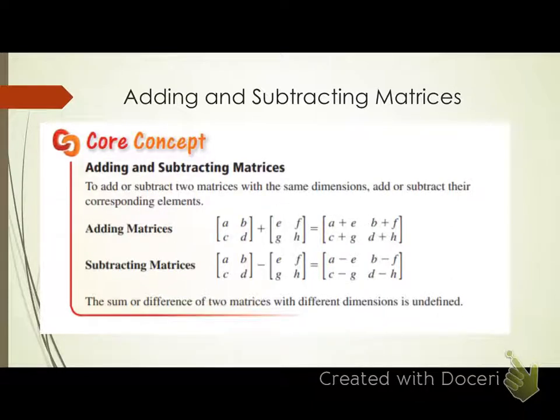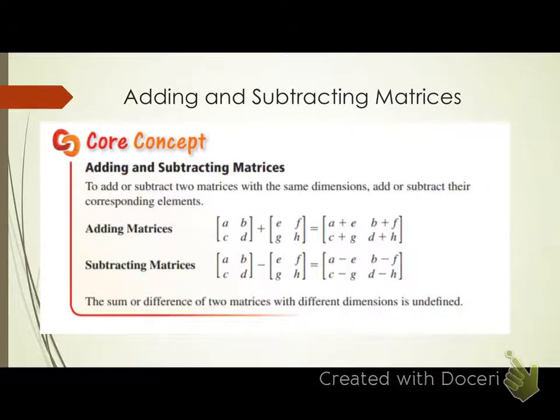So you just add A and E, B and F, C and G, D and H. And that gives you your new matrix. Same thing for subtracting. You just do the first matrix minus the second one, subtracting the corresponding elements. If you notice the statement at the bottom, the sum or difference of two matrices with different dimensions is undefined. That's why we can only add or subtract if they have the same dimensions.